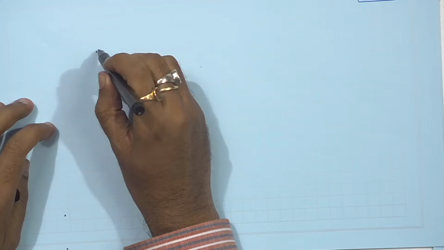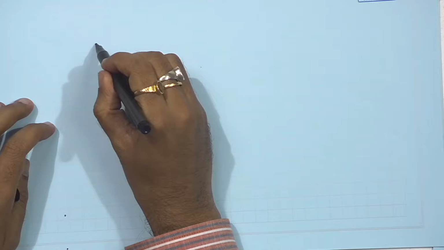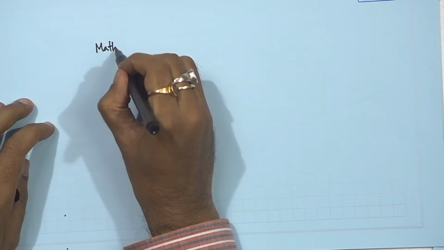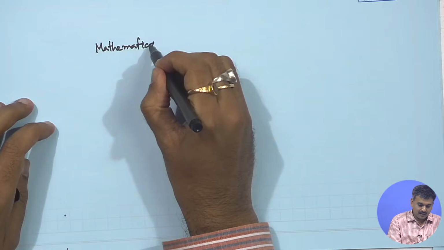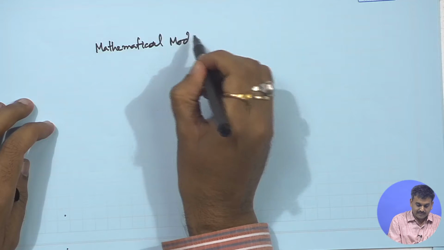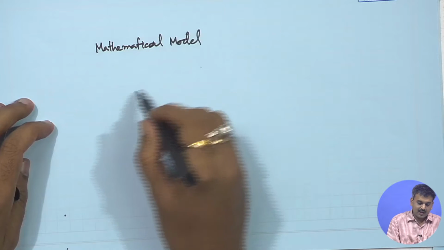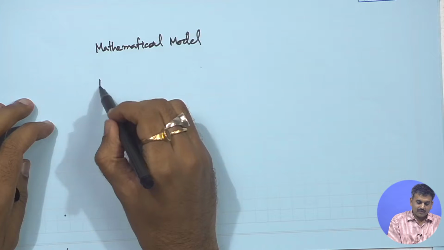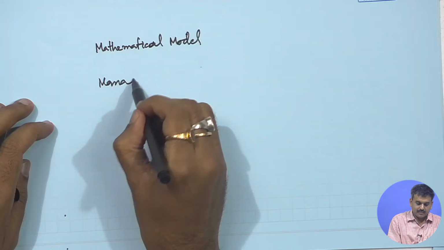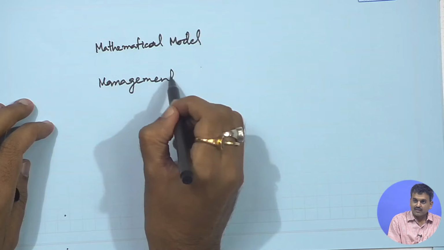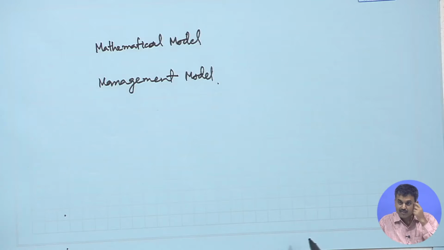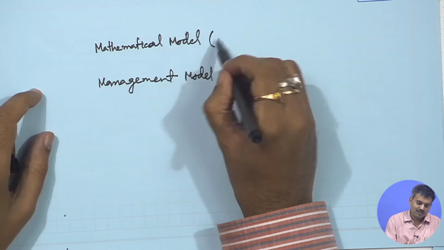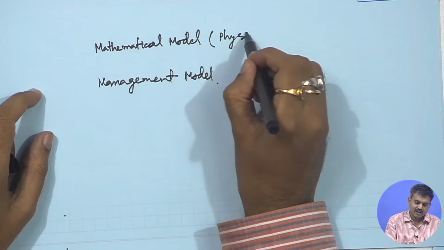So we have discussed two things. One is the mathematical model and the other is the management model. Now, the mathematical model, or I should write it as physical model.